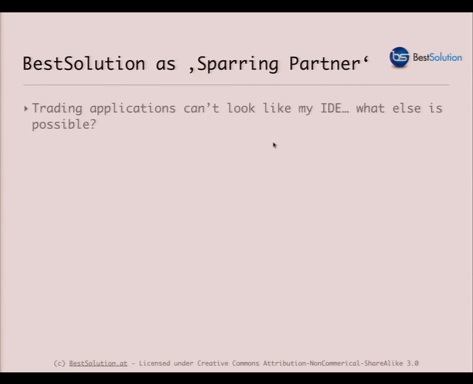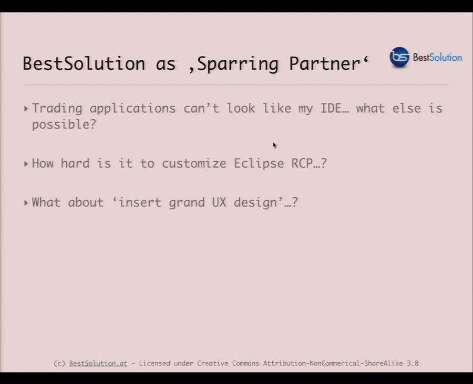So perhaps just to mention to Tom, as I said, we wanted to answer a lot of questions that we were worried about when we looked at RCP. Can my trading applications not look like an IDE? What else is possible? How hard is it to customize Eclipse RCP? What about, hey, here's our grand concept of what the world should look like, can we do that?